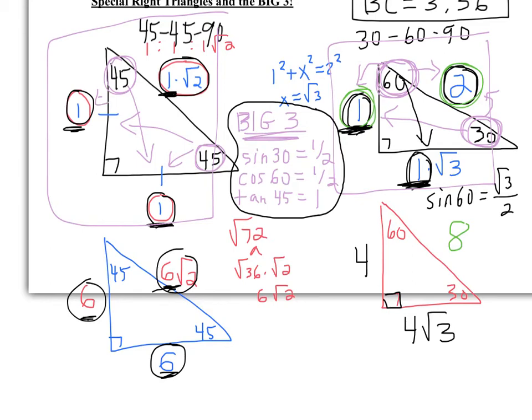Or if you had to find something like the cosine of 30, well, this is adjacent over hypotenuse, so this would also be radical 3/2. Okay, so if you have to find some trig expressions other than the big three, you want to go back to your special right triangles and just crank out what the answer would be using your trig ratios. Okay, next page.